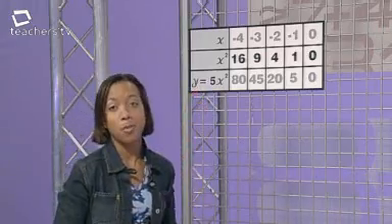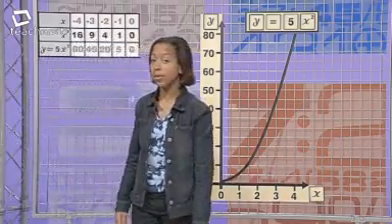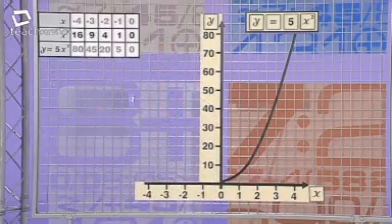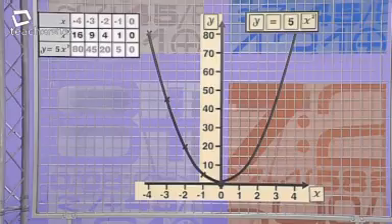The important thing to remember here is that any negative number squared always gives a positive number. Plot these values of x against the corresponding values of y and see what happens. The complete picture for the quadratic function y equals 5x squared is a symmetrical bowl or U-shaped curve known as a parabola.